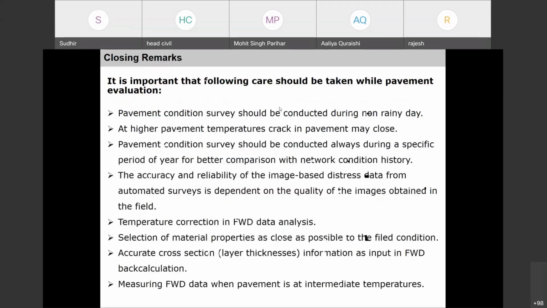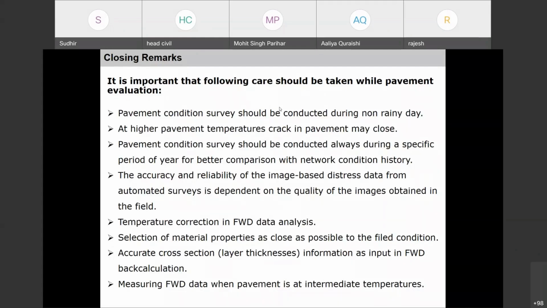but while doing all this pavement evaluation, you need to be careful about a few points. So I have listed a few of them. Few of the important points that you should consider while performing pavement evaluation is that when you are doing a pavement condition survey, you need to be cautious that you don't perform it during a rainy day.